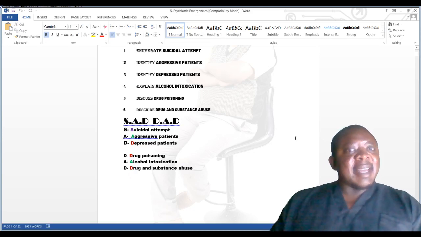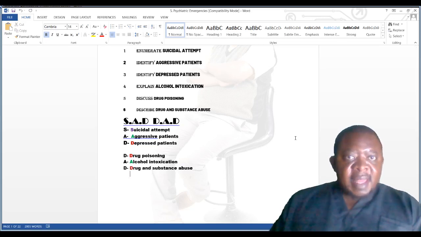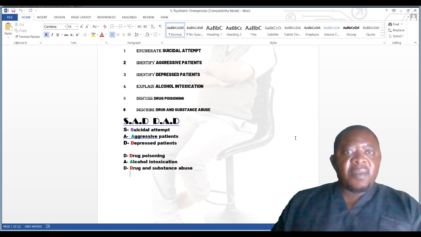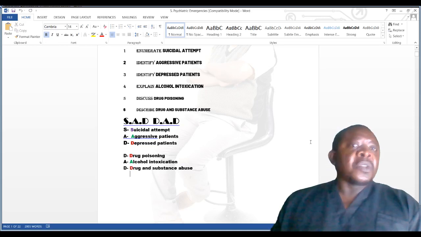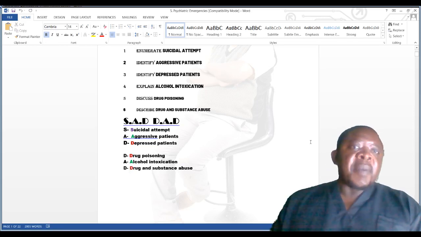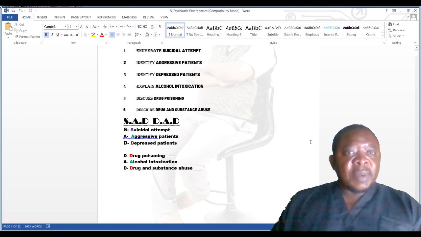Then the other D is for drug poisoning. Then the other A is alcohol intoxication. Then the next D is drug and substance abuse. So we have two A's and three D's.